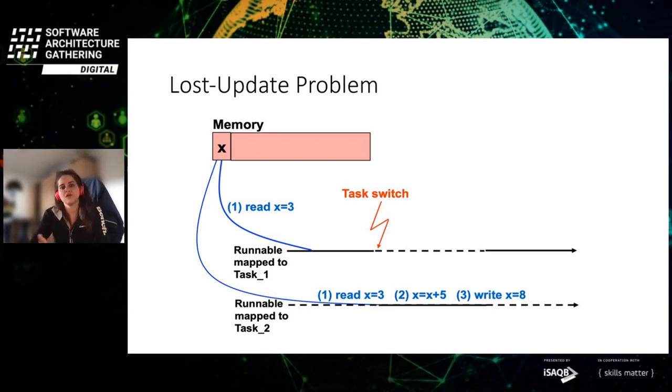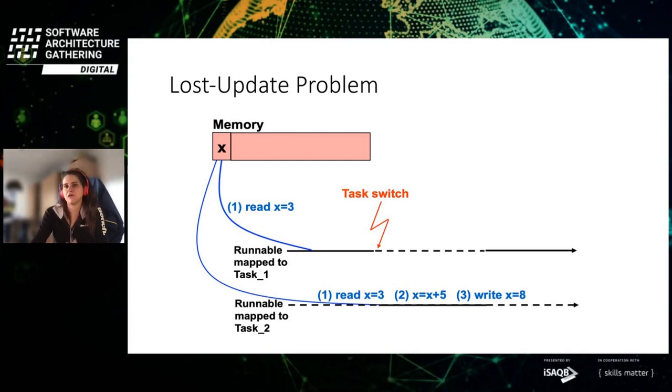For instance, here in this situation, the function that is mapped to task 1 can be preempted by the other function after it read the value 3. Then thread 2 resumes, again reads the memory cell 3 and adds 5, coming to 8, and then the scheduler decides that task 1 can run again.